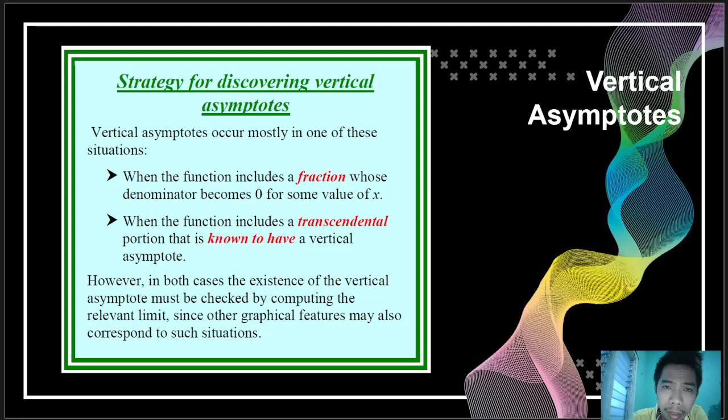What are transcendental functions? Just like ln, the natural logarithm, and the logarithm, they are considered to be transcendental functions. However, in both cases, the existence of the vertical asymptote must be checked by computing the relevant limit, since other graphical features may also correspond to such situations.